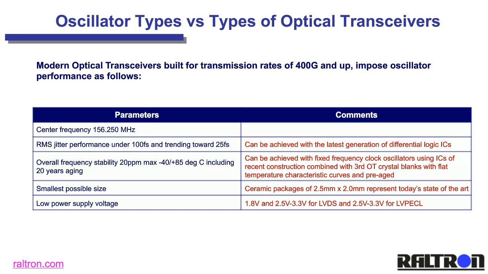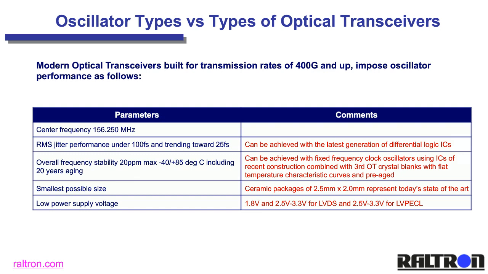And this, again, is possible to achieve today because of, as I said before, ICs of recent construction. And this we combine with crystal resonators that are part of the oscillator, which are of third overtone construction, and which are designed with as flat as possible temperature characteristic curve, so that you can have as little variation as part of those 20 ppm over the temperature range of -40 to +85.